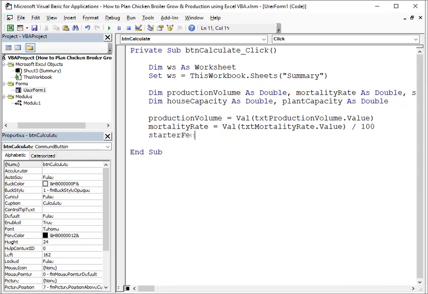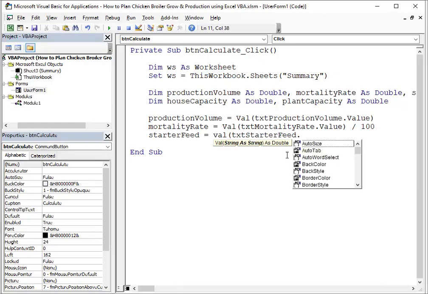Starter feed equals value, text box starter feed, that value. Close it.